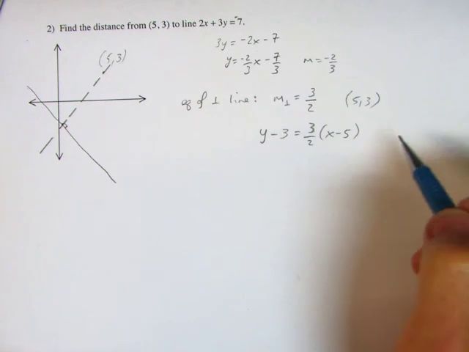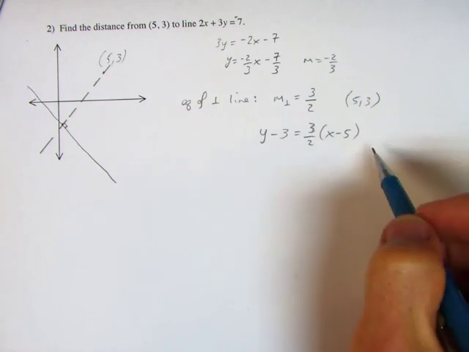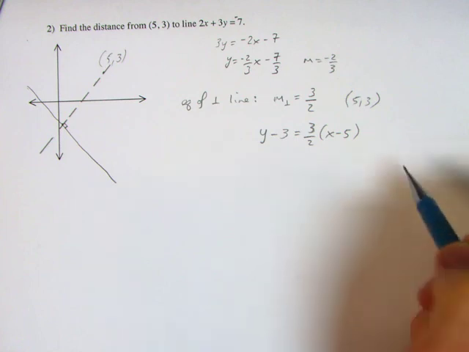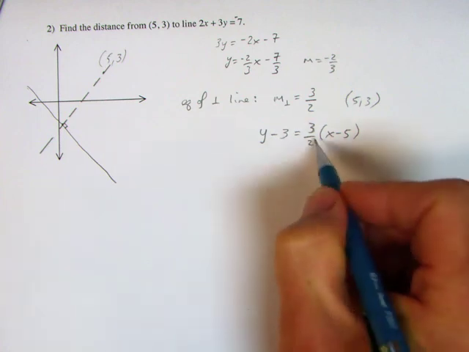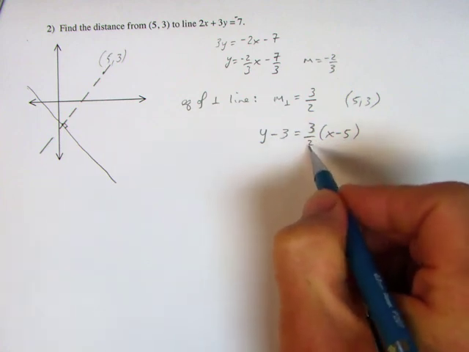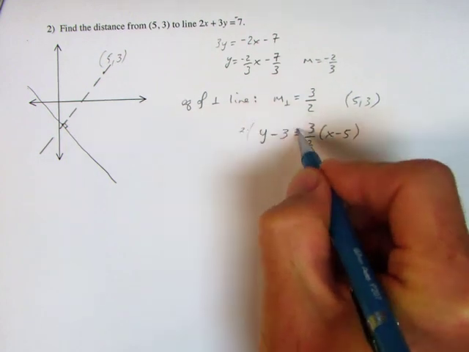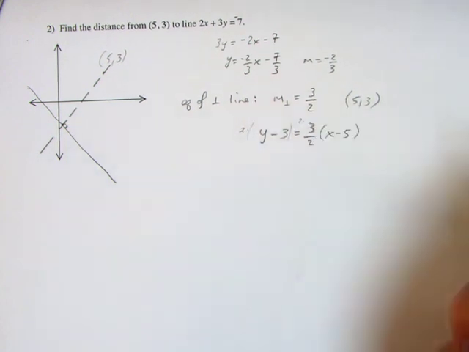Since we're going to be solving the system of equations, let's move it into standard form where we have ax + by on the same side. So we want to get rid of this fraction. Let's multiply every single thing by 2.